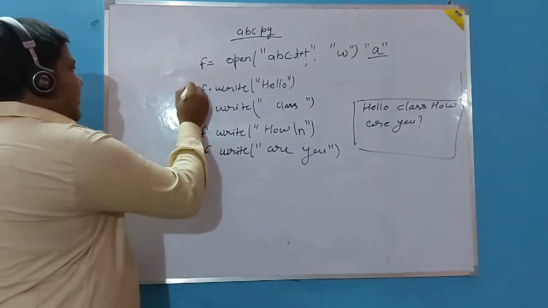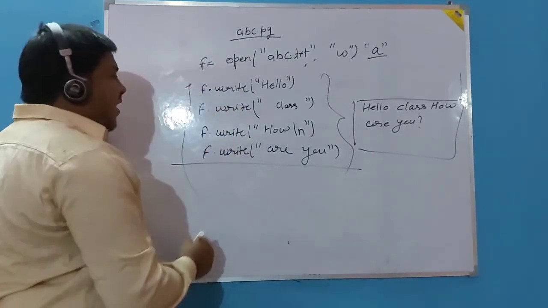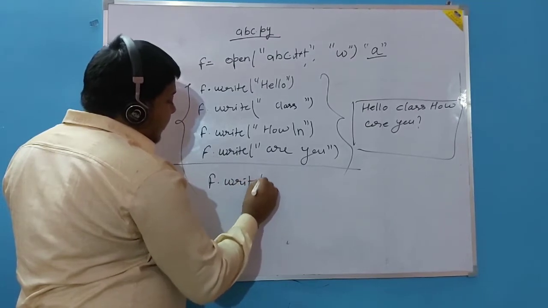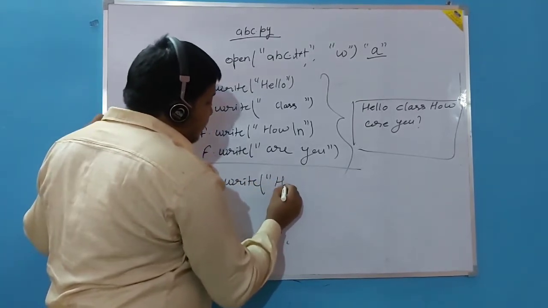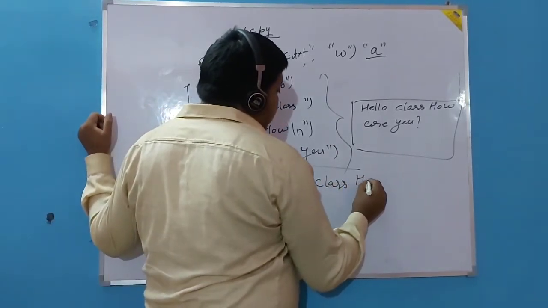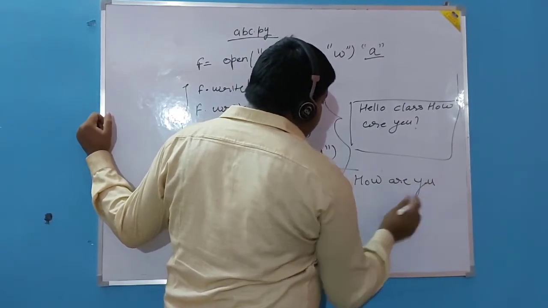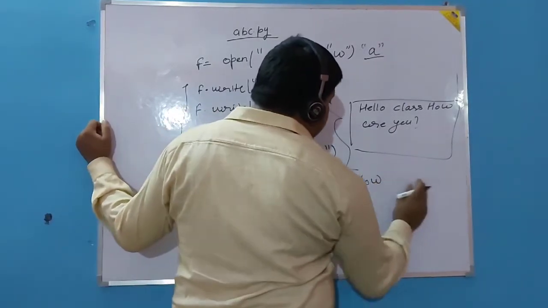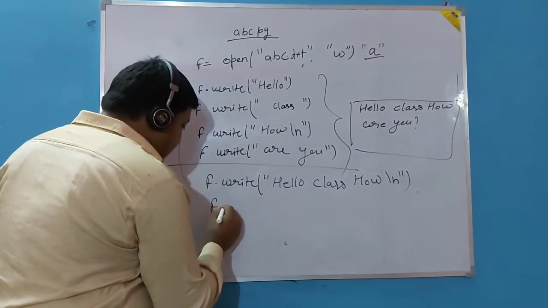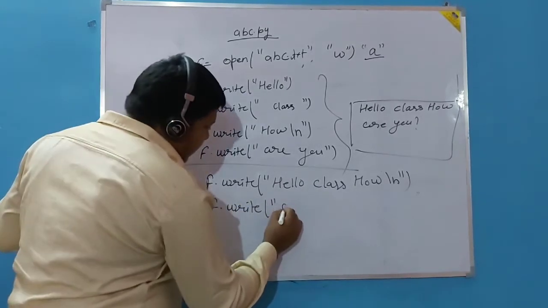Clear? Either you may write like that, or you may write in two lines or one line like that. f.write, look here, how will you write it in two lines? Hello class, how. Sorry, hello class, only how. And then you have to use the slash n and then again you write f.write you.